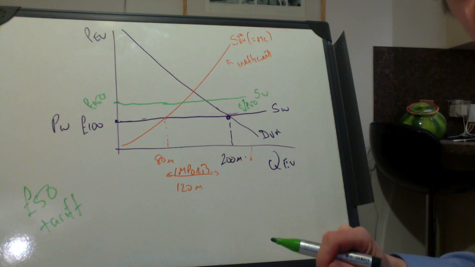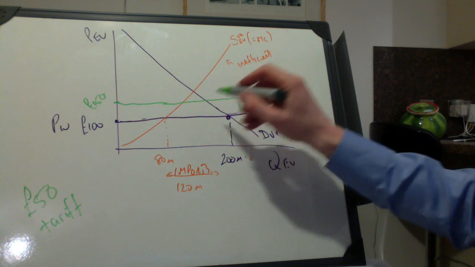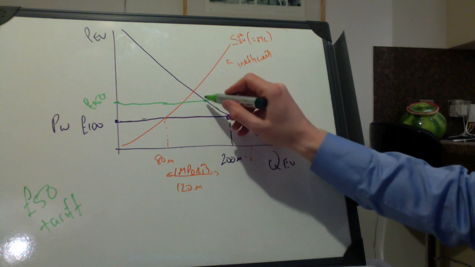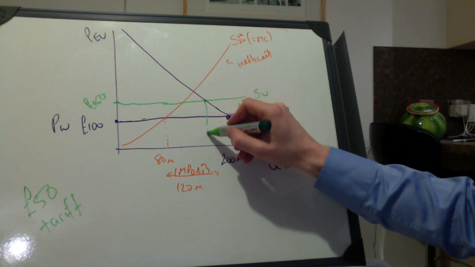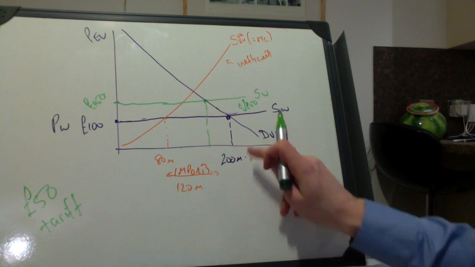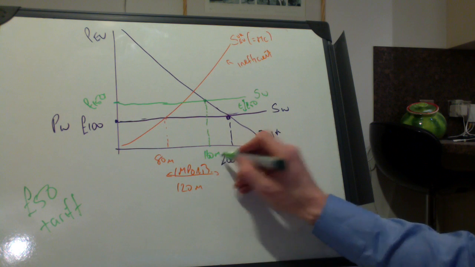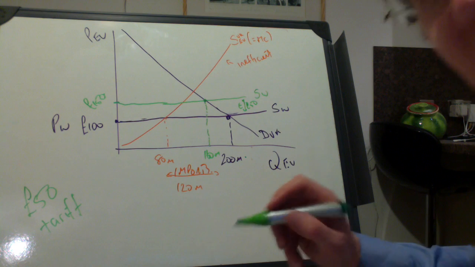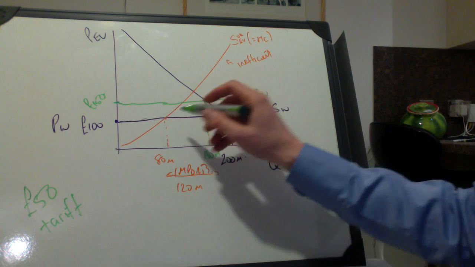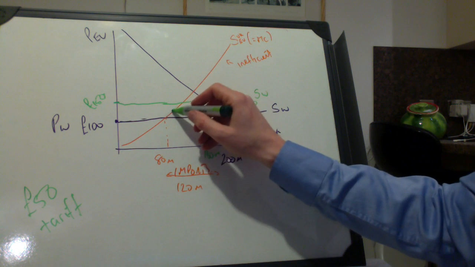So what happens in the diagram? Two things happen. Firstly, total demand falls, because the price is higher, so we use less coal in the UK. Diagrammatically, that looks like, say, 160 million tonnes. But a second thing happens: more UK firms can now compete.